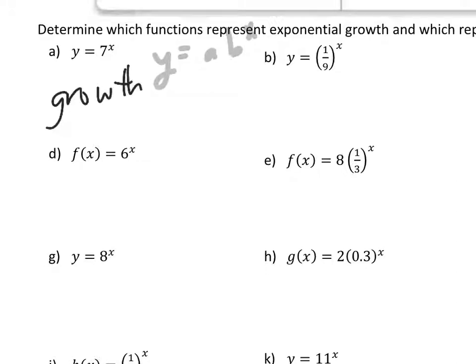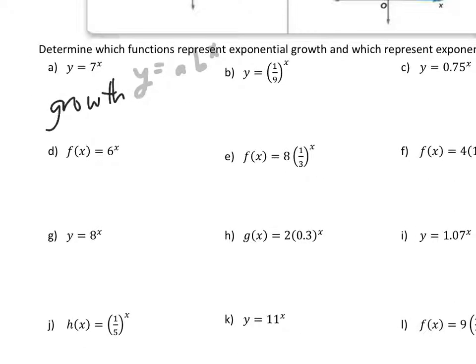Letter B. And in letter A also, if I was to identify and ask for the letter A, which we did last night's homework, A would be 1. Letter B. Here's another example where A is 1 and B is the fraction 1/9, because that's what's being raised to the exponential power, the exponent of x that we don't know. So 1/9 is between 0 and 1, so this is decay.